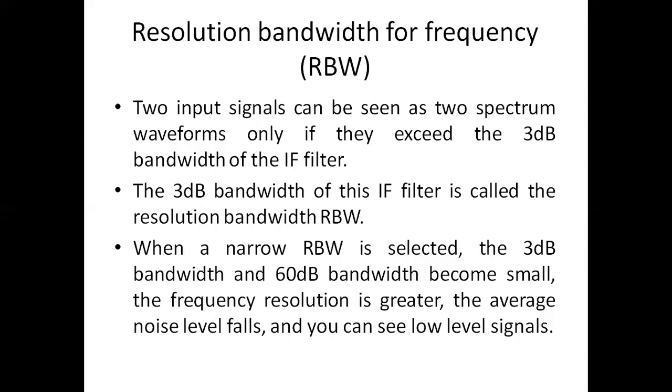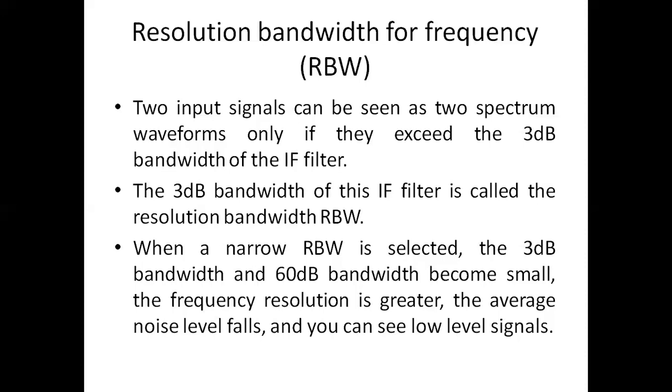The two input signals can be seen as two spectrum waveforms, and they must exceed the 3 dB bandwidth of the IF filter. This 3 dB bandwidth of the IF filter is called the resolution bandwidth. So using this 3 dB bandwidth only, we can measure the two input signals simultaneously.